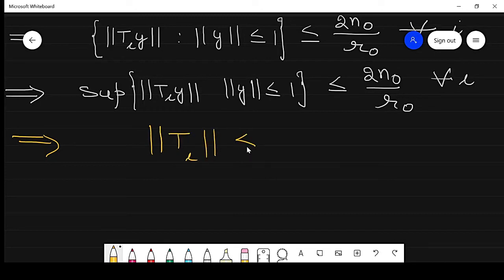So this is less than or equal to 2n0 over r0 for every i. These values are clear. So what is the norm of Ti?